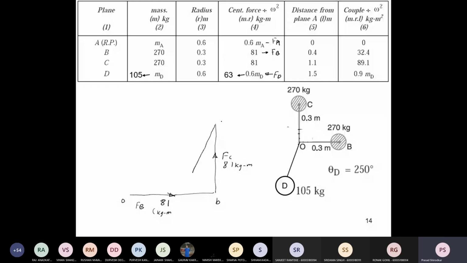So this is EC, this is CD, and this is 63, and join O with D. So this is your 0.6 MA. Find out how much is 0.6 MA in terms of distance, that is vector DO.